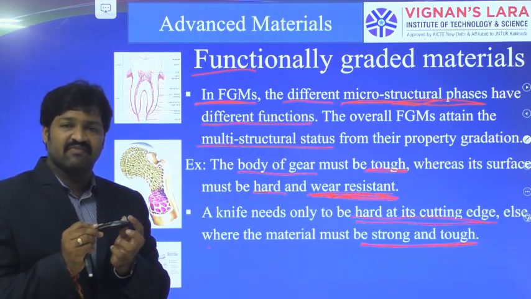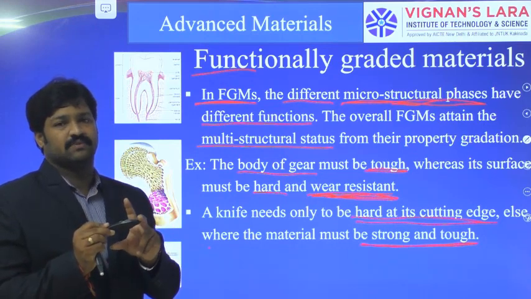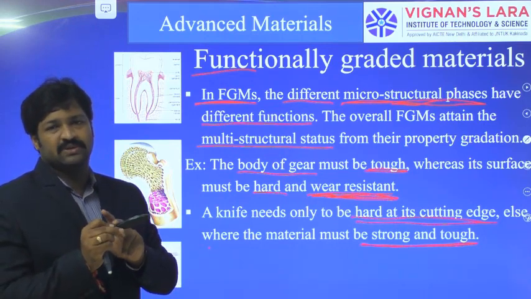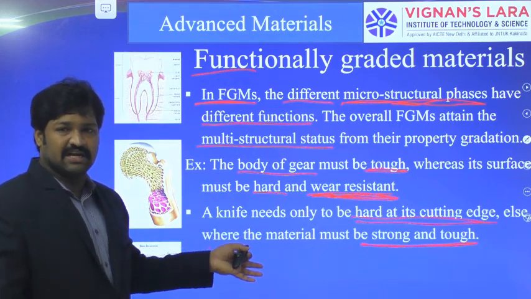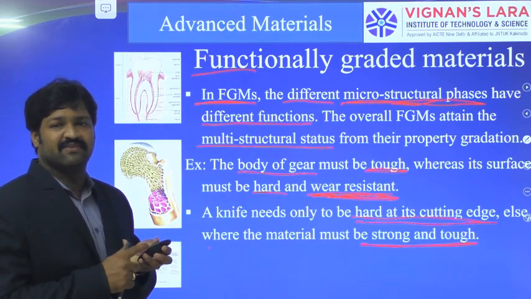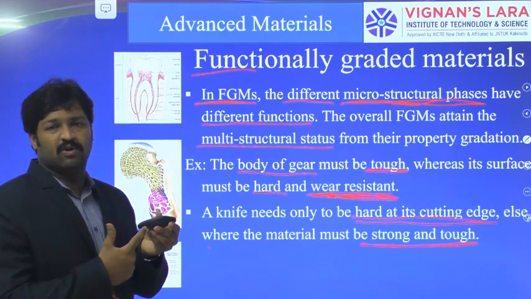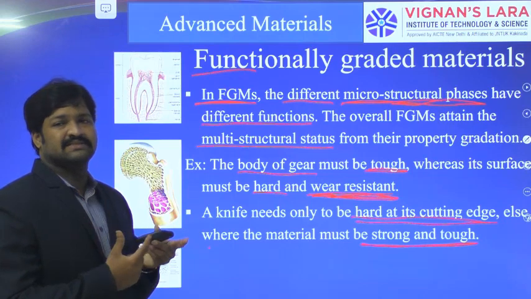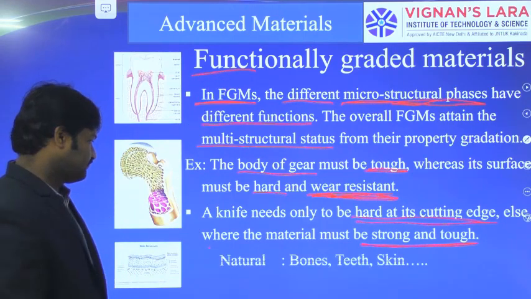To increase the life of our component, the hardness of the tool tip should be high and the complete body should be strong. Depending upon the functionality, it requires two different properties: hardness at the tool tip and toughness of the whole body. These two properties can be attained by functionally graded materials.